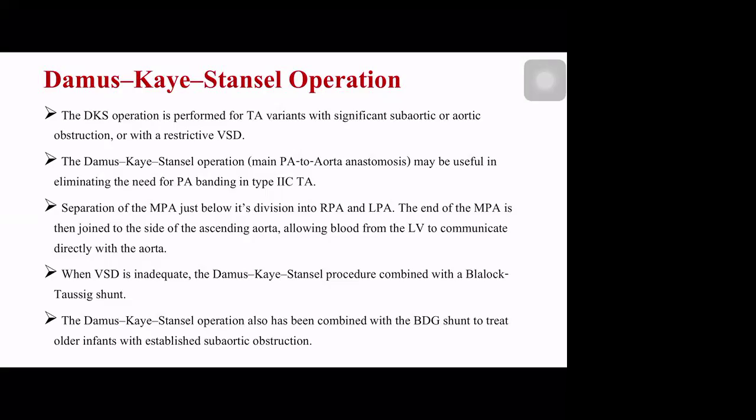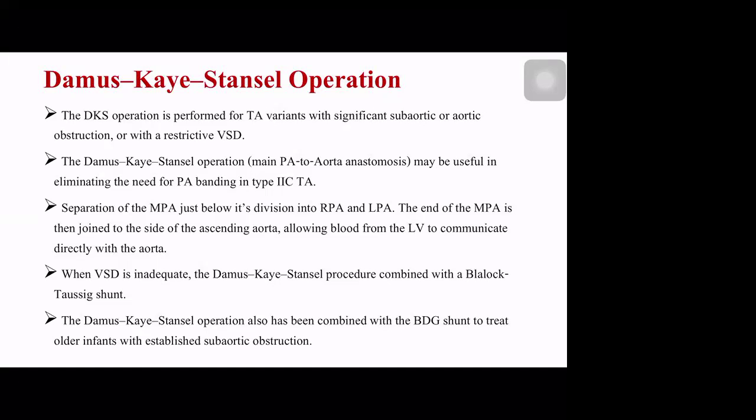In the DKS operation, the main PA is anastomosed with the aorta, which eliminates the need for PA banding. The procedure is like that. The MPA is separated just below its division into RPA and LPA, its main branches.